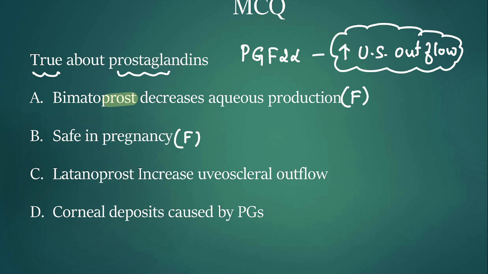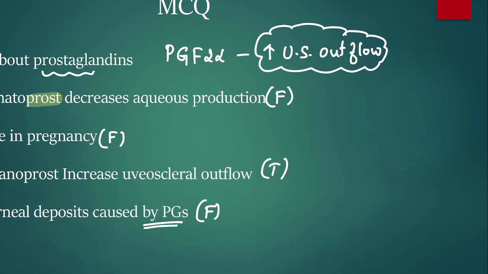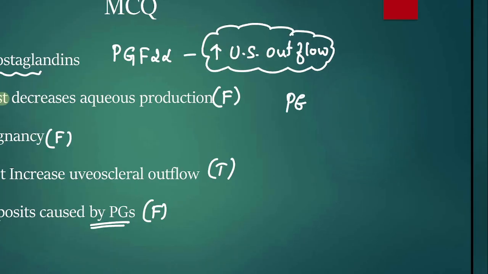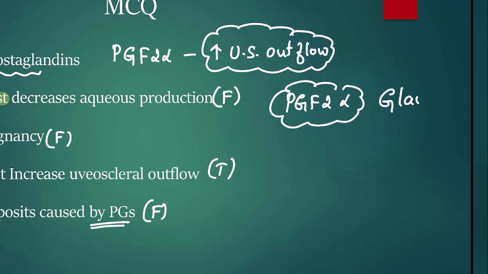Latanoprost increases uveoscleral outflow. This is the true statement. That is why we use it in management of glaucoma. Corneal deposits are caused by prostaglandins, false. What is the problem with prostaglandins, PGF2 alpha analogs, when we use it in glaucoma? Let us see.